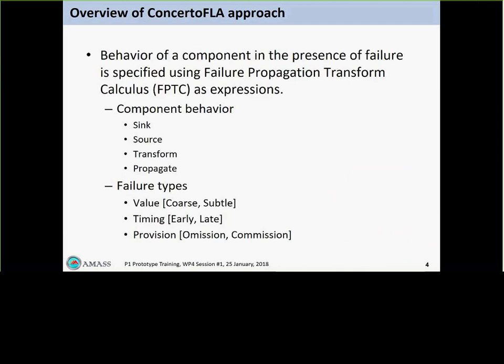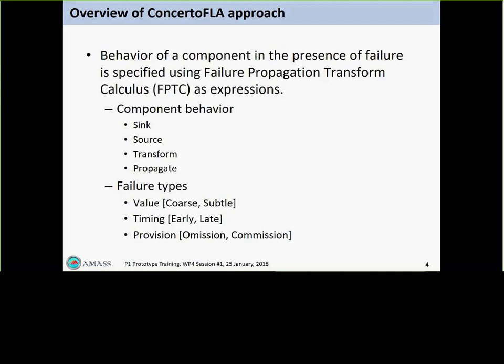The behavior of a component in the presence of failure is specified using the Failure Propagation Transformation Calculus. What is the behavior of a component? That could be of four types, and that could be specified using FPTC rules.